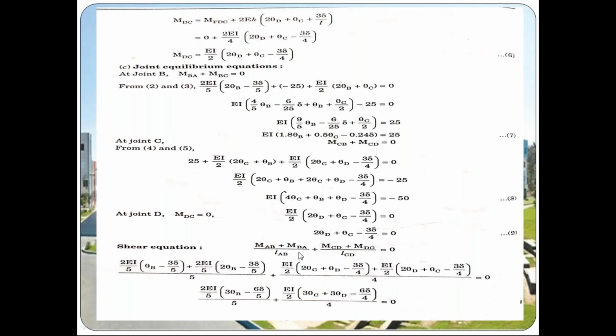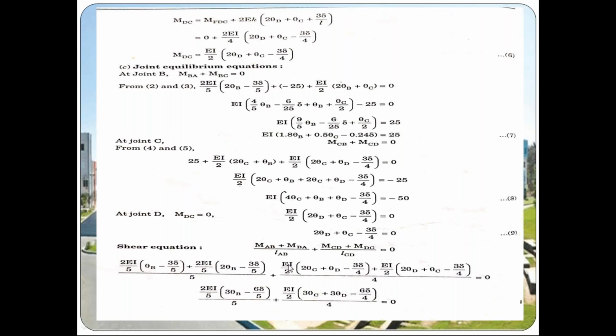Now substituting the MAB and MBA moments. MAB is equation number 1, so 2EI by 5 into (theta B minus 3 delta by 5), plus MBA, which is 2EI by 5 into (2 theta B minus 3 delta by 5), the whole thing divided by LAB, the span length of AB, that is 5 meter, plus MCD.